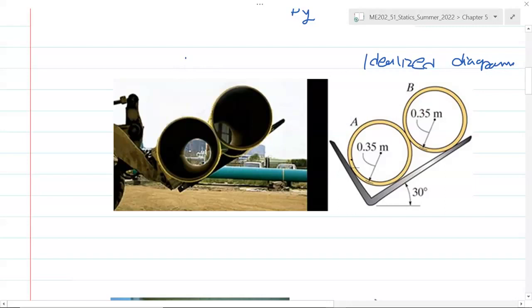We can see that this pipe assembly is being supported at the fork at one point, two points, and another pipe is being supported by the first pipe and at this point. Wherever these supports are, there are support reactions. So there is one support reaction here, another here, a third here, and a fourth between these two.